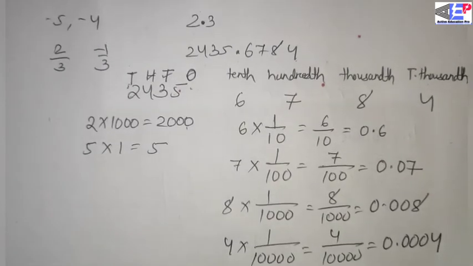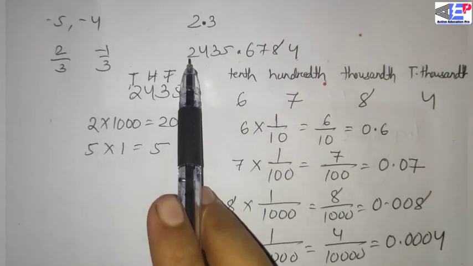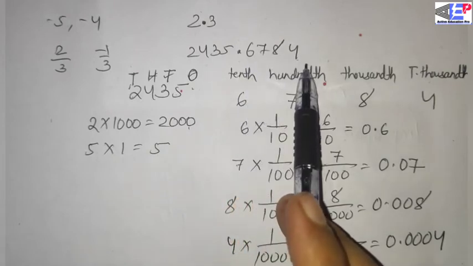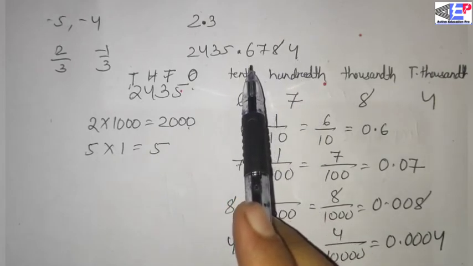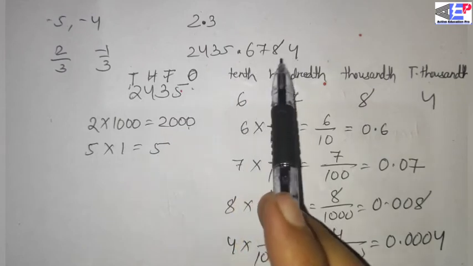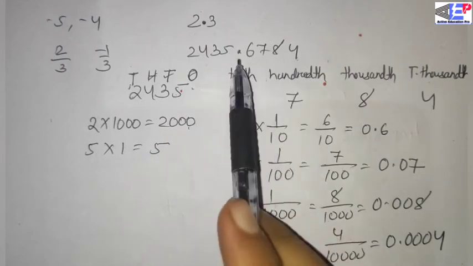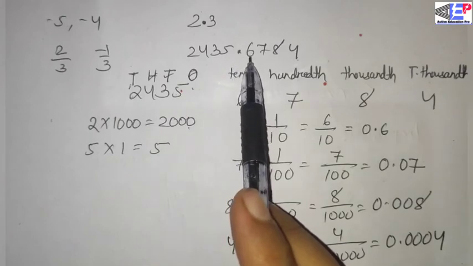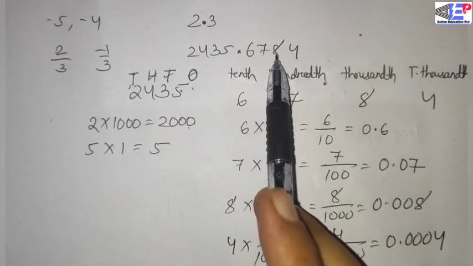And yes, you read this number 2435.6784. You can't read the number name of 6784 together, because after the decimal point you just read digit by digit.